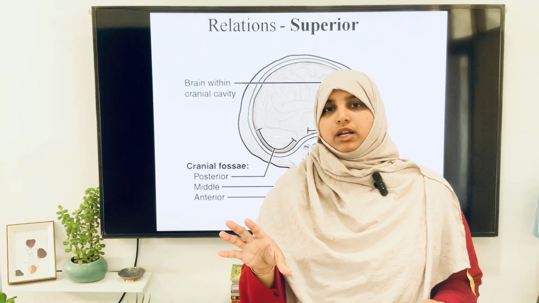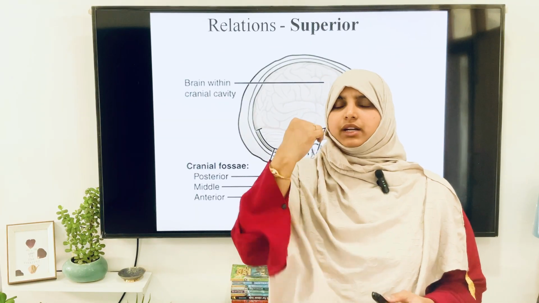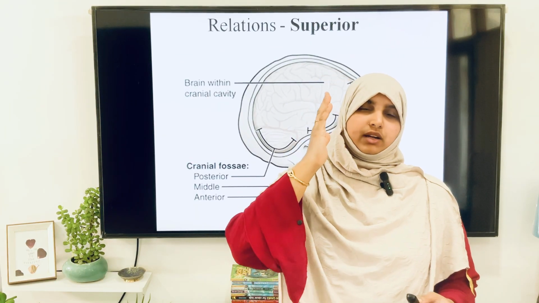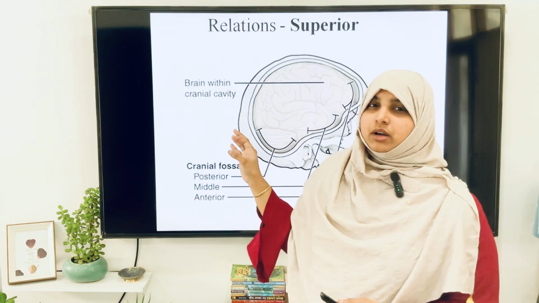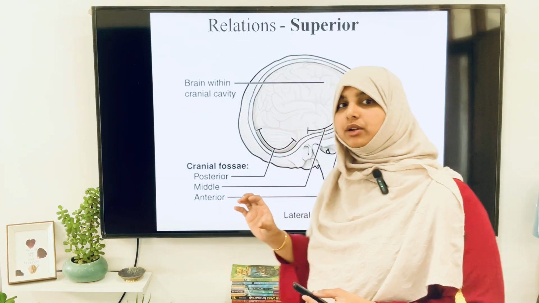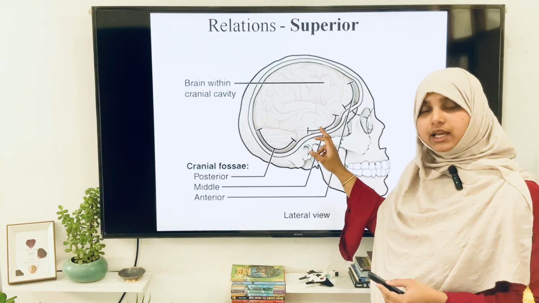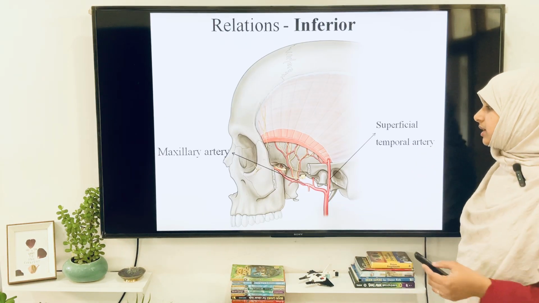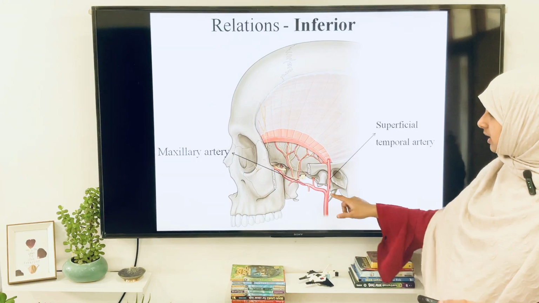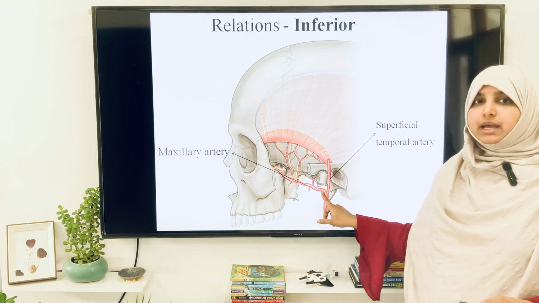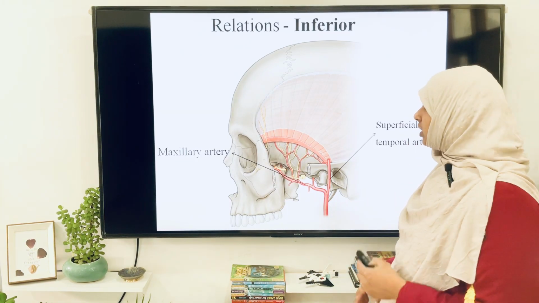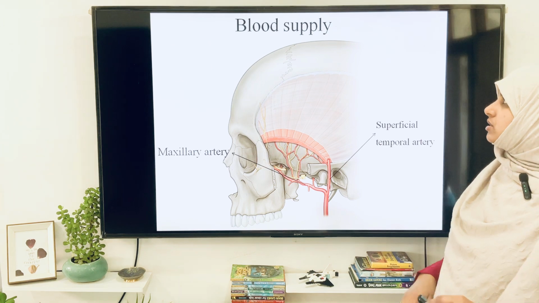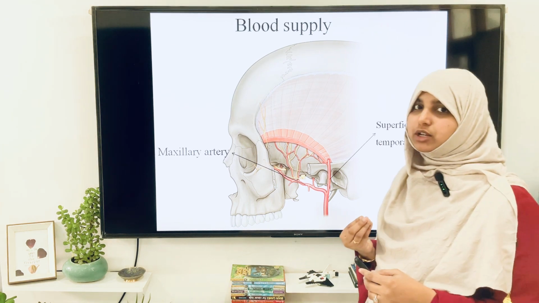Just for remembrance, if the TMJ head pierces and damages the cranial fossa, which fossa will it affect? It will go towards the middle cranial fossa. And inferiorly, what will be the relation? As we saw already, it's very easy: the maxillary artery. So these are the different relations of the temporomandibular joint.